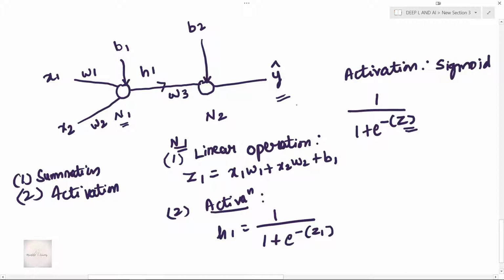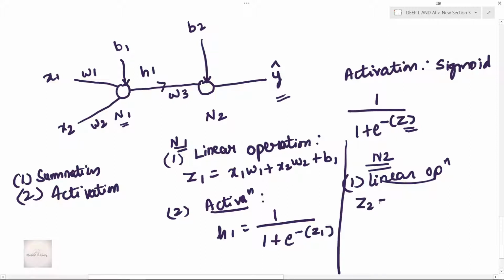Now to find the output of the N2 neuron, two things take place. First, the linear operation. I have H1 as input, W3 is its weight, and B2 is the bias. So I can write Z2 is equal to H1 W3 plus B2.